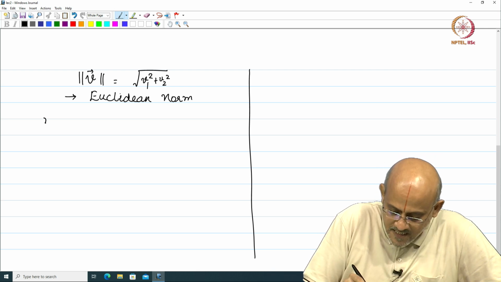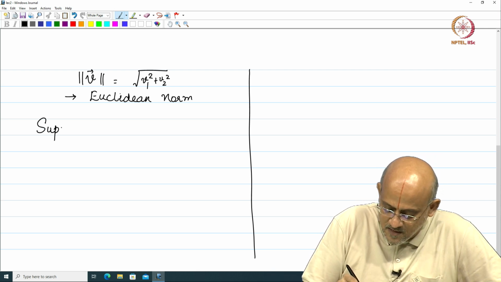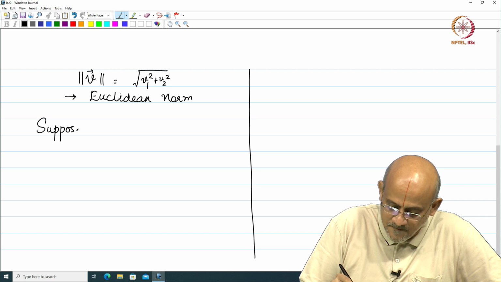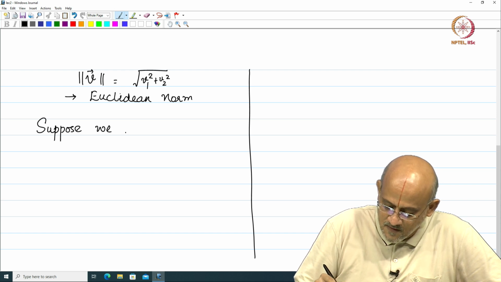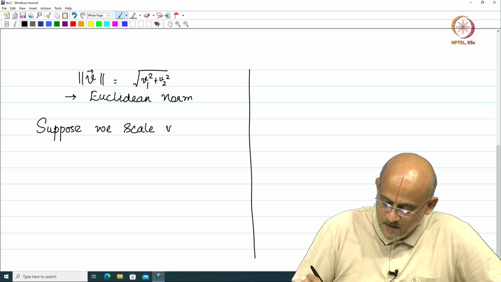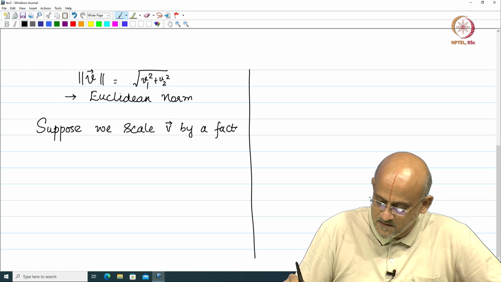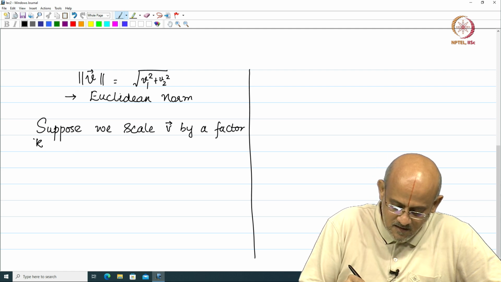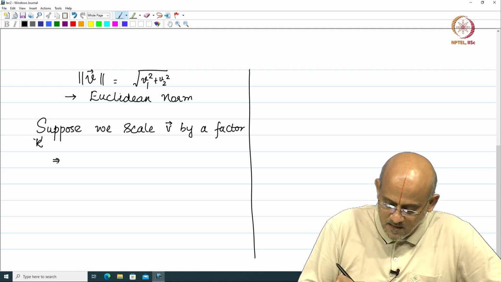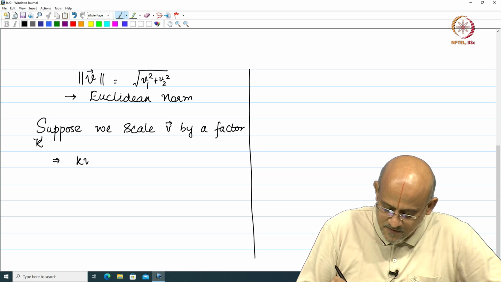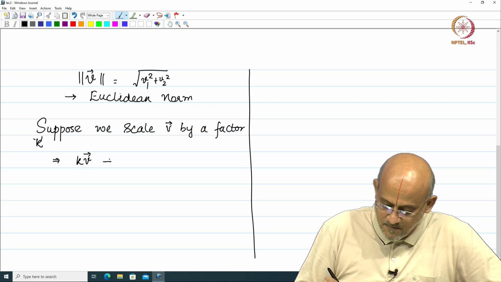Now, suppose we scale the vector v. We already saw that we can do the operation of scaling. Suppose we scale the vector v by a factor k, that means the resultant vector is going to be k times v. So, what is the magnitude of this?